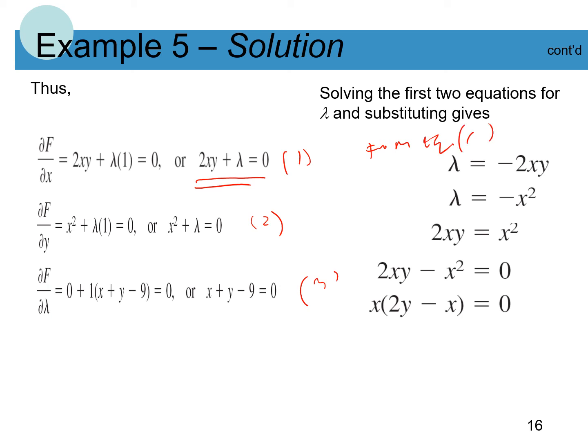Then lambda is equal to negative x squared, from equation 2. And then we have 2xy is equal to x squared. Therefore 2xy minus x squared is equal to 0, and then x times (2y minus x) is equal to 0.